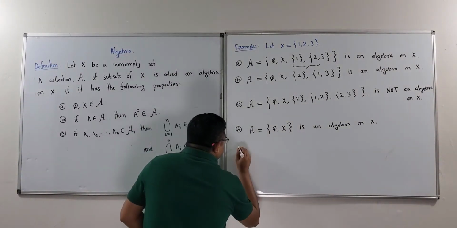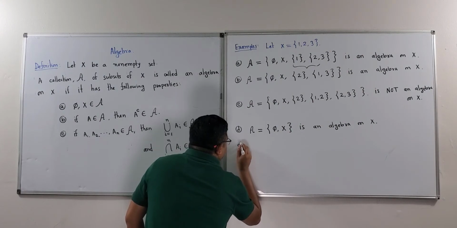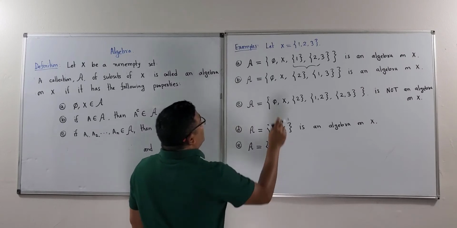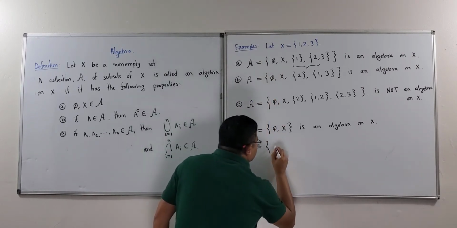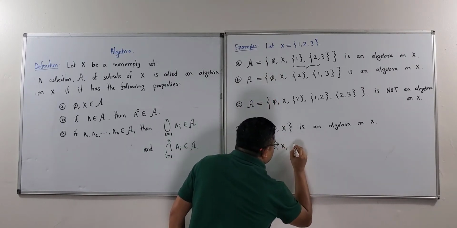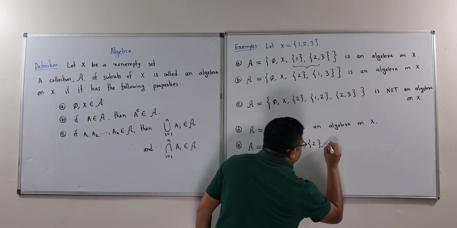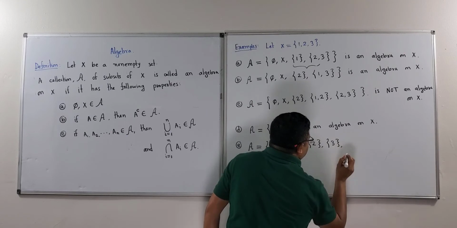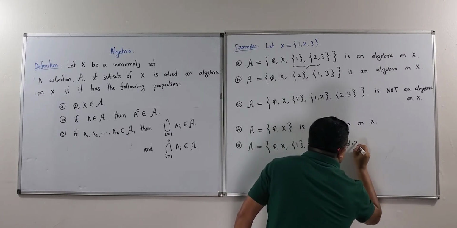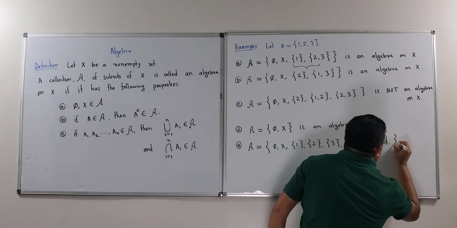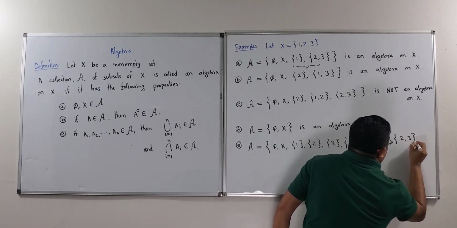And the power set is also an algebra. What is the power set of X? It is the empty set, then X, then elements {1}, {2}, {3}, then {1, 2}, then {1, 3}, and {2, 3}.